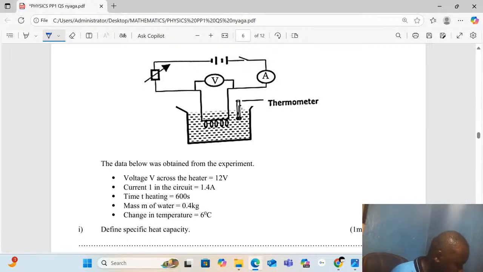The first question we are being asked is about the definition part, which is: define the specific heat capacity.